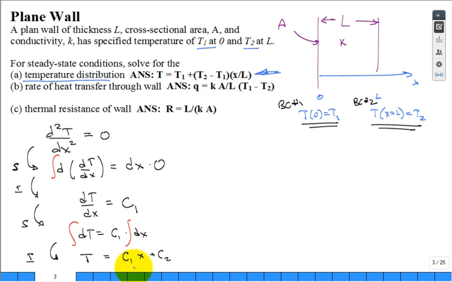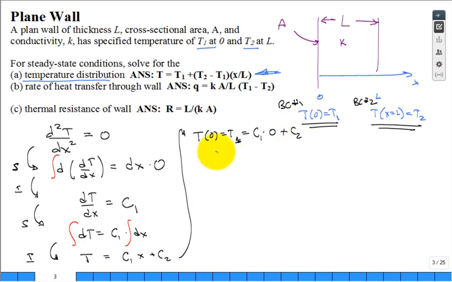Okay, now I need to apply the boundary conditions, so I'll have T at 0 is equal to T1. I'm just restating this first boundary condition, and that T1 is equal to C1 times x is 0 plus C2.